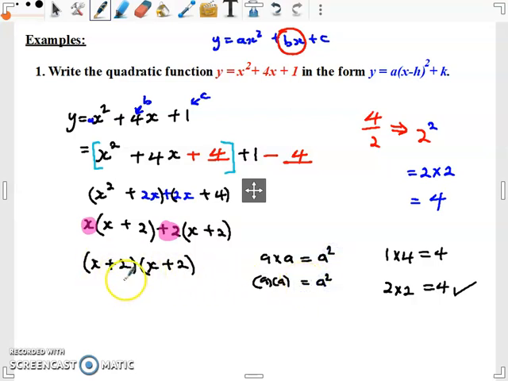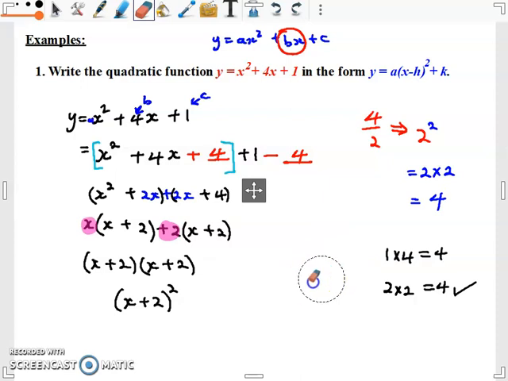In this case, x plus 2 is being multiplied by x plus 2, the same term. So using this rule, we can combine this and write it as x plus 2 all squared.